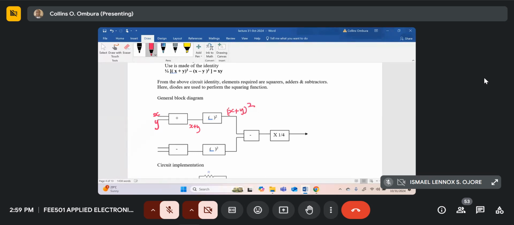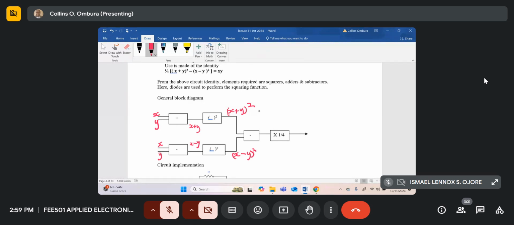And also at the bottom, we have the input variables y and x, so here you get x minus y. This is a squarer, giving x minus y all squared.